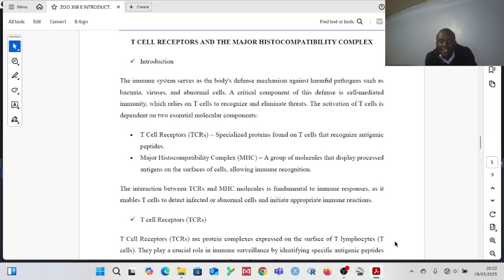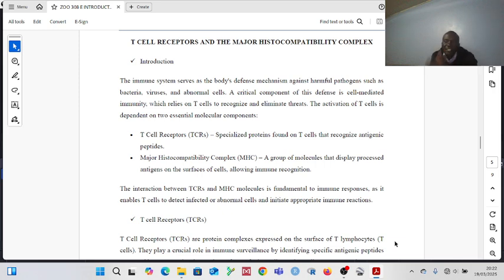We've seen that a critical component of this defense, of this immune system, is the cell-mediated immunity. This cell-mediated immunity is critical, and it relies largely on T cells. So these T cells will recognize and eliminate threats.